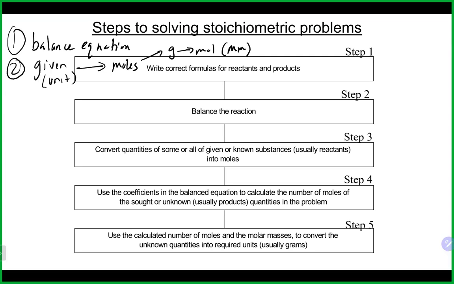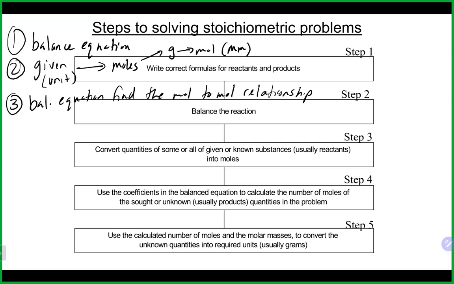Once you have everything that was given to you in moles, you're then going to do the big stoichiometry part. And that part is you're going to go to the balanced equation and find the mole to mole relationship that you are interested in.